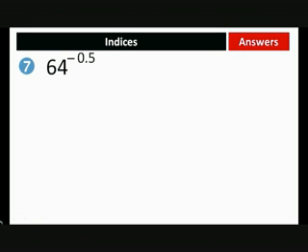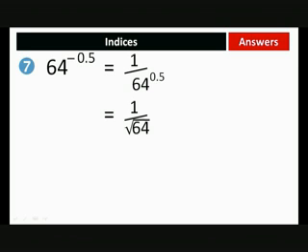Question 7. 64 to the power of minus 0.5. Well, once again, remember that a minus power means 1 over the positive power. So that's the same as 1 over 64 to the 0.5. And remember that power of 0.5 is the same as power of a half, which means square root.